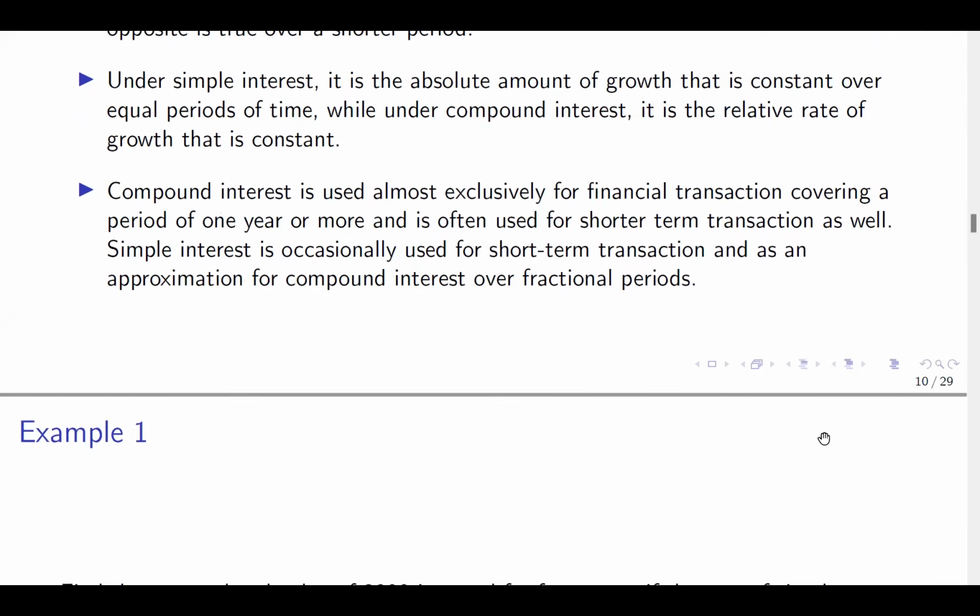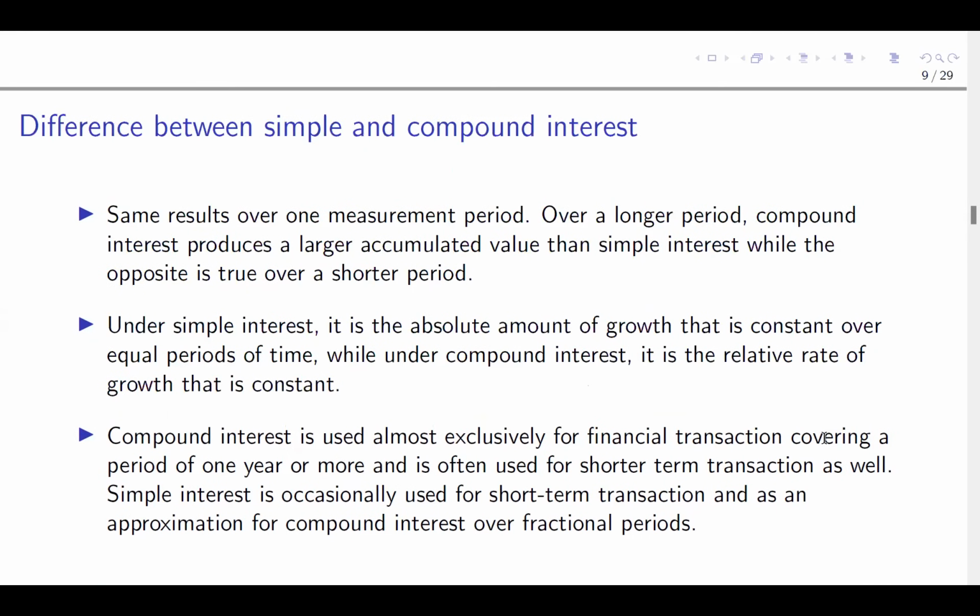We want to look at the difference between simple and compound interest. Same results over one measurement period. If you're looking at just a period of say 1 year, then whether you use compound interest or simple interest, you get the same accumulated value at the end of the period. Okay, so you can try it to see.